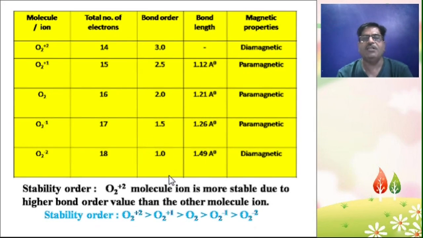So this is the stability order of the O2 to O2 plus 2 to O2 minus 2 ions. Thanks.